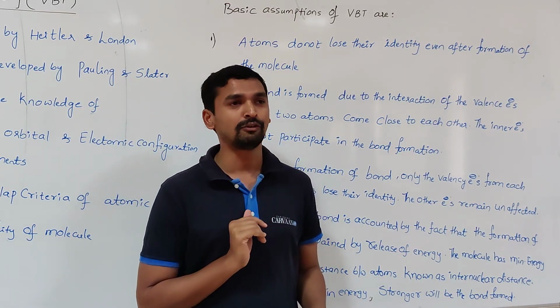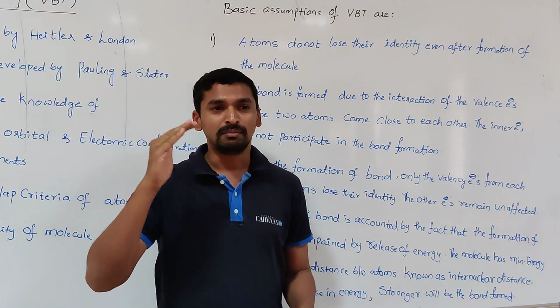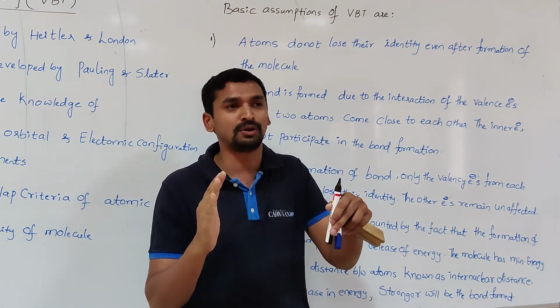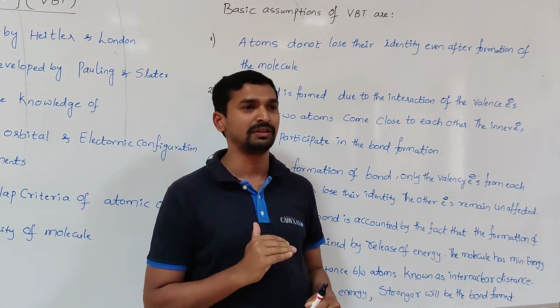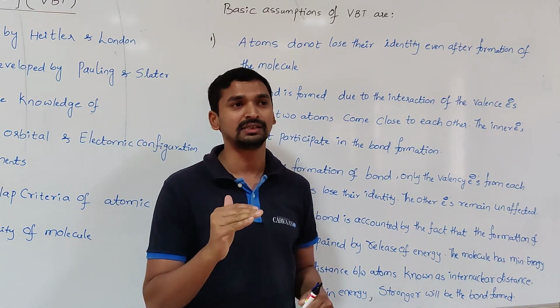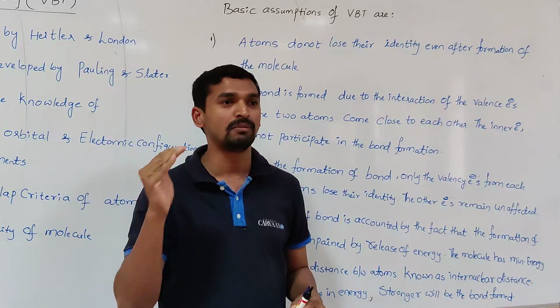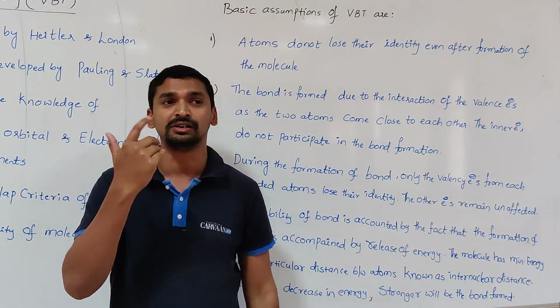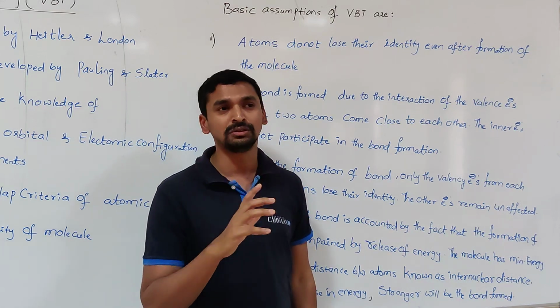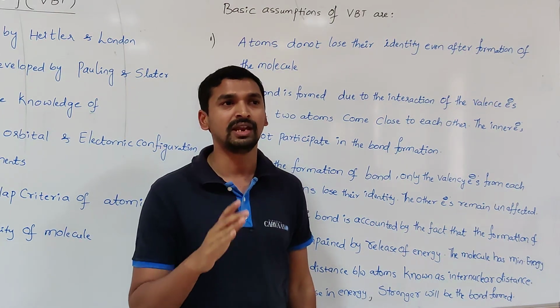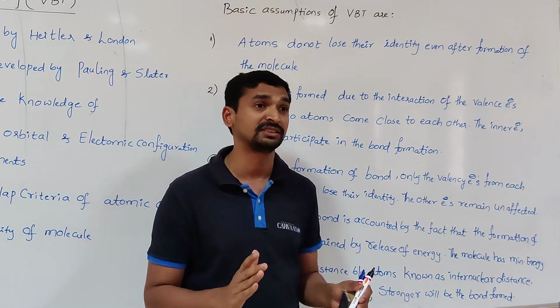In the case of a fluorine molecule, when the two fluorine atoms approach each other and maintain a certain distance between them, that distance corresponds to the fluorine molecule having minimum energy and maximum stability. That means all molecules do not possess the minimum energy when their bonded atoms are separated by the same distance.